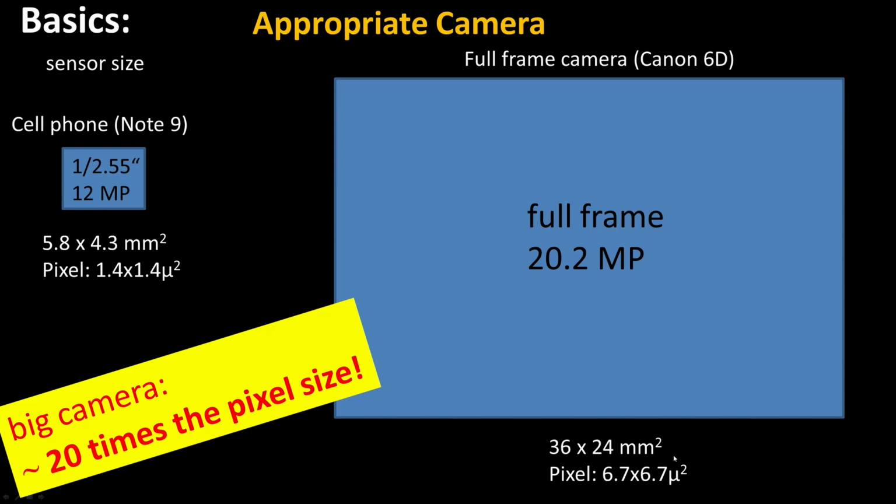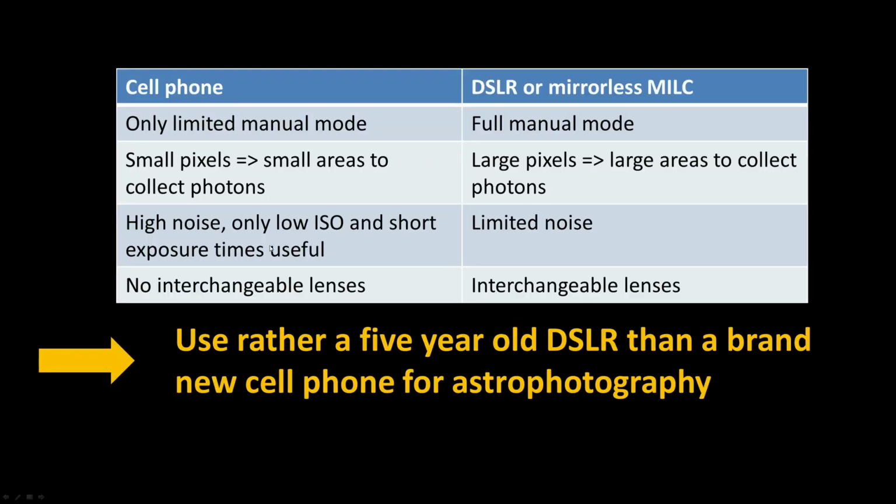That means those pixels are about 20 times the size, and so those pixels can collect many more photons and convert them to electrons. And so cell phones will always be worse than DSLRs or mirrorless cameras for astrophotography.